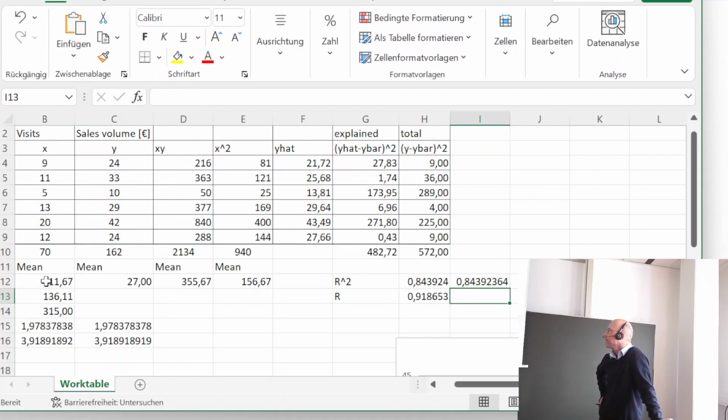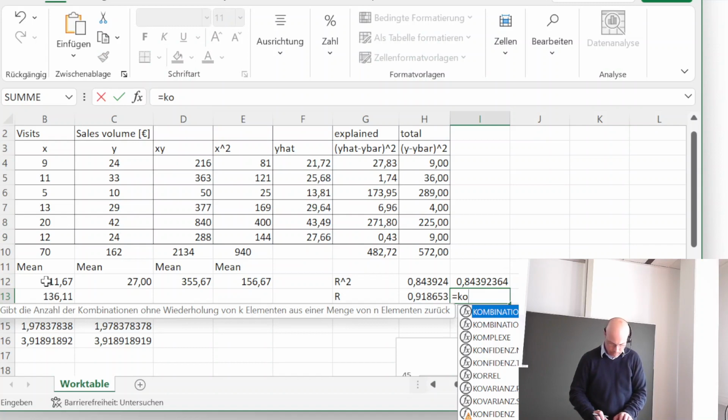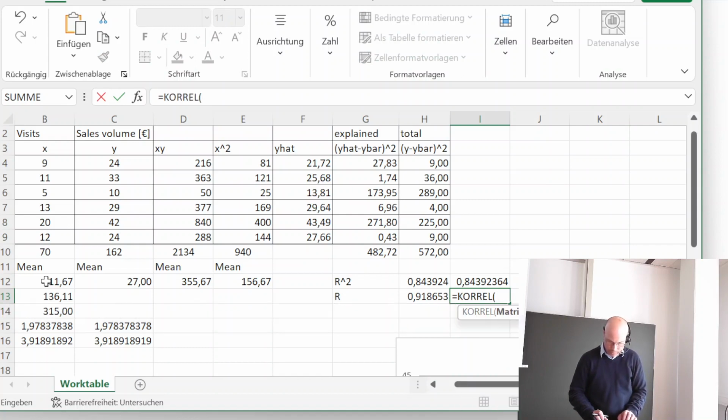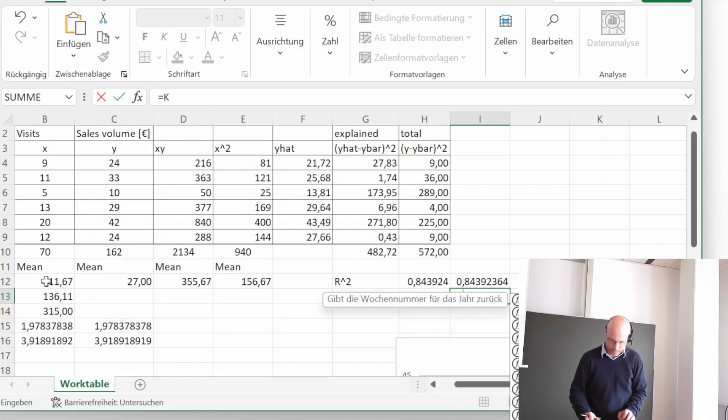I'm happy that we have calculated in the right way, so we obtain the same numbers. And here, hopefully it comes back, because otherwise I don't know if you see what I see here on my table. Yes, it comes back.